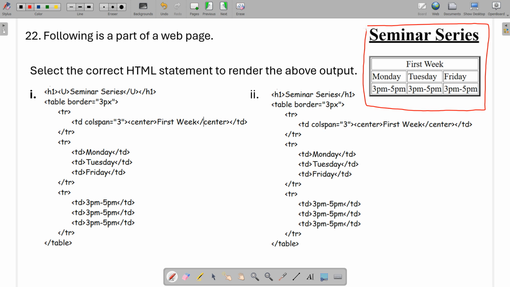So the seminar series is in big fonts as well as underlined. To indicate big fonts, header tags should be used. To underline, U tags should be used. Here in the second one, only the H tags are there. So the U tag is missing.